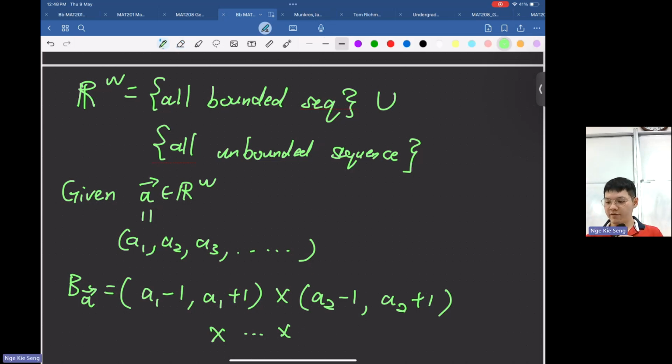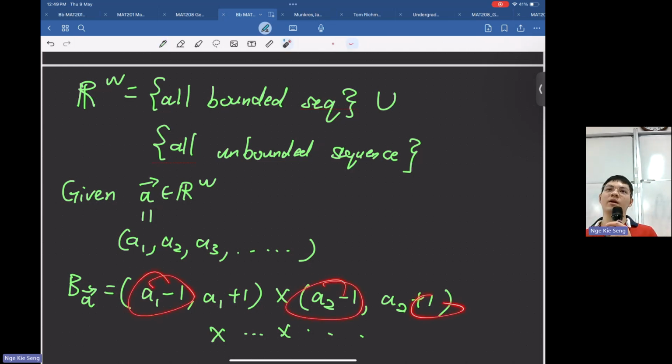If you take this ball, it will avoid unbounded sequences. Everything inside here will be bounded sequences. You can show that, because if you have an unbounded sequence, these terms also will form an unbounded sequence.